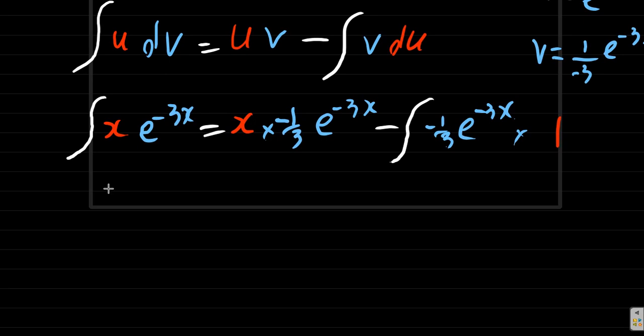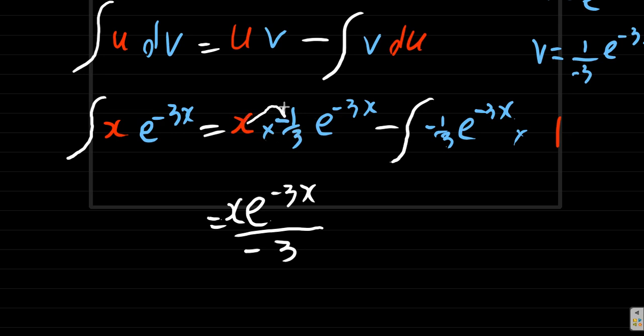So here, this is equal to x e to the negative 3x over 3, and this will be a negative, call it negative 1/3 here. You have x times negative 1 times e to the negative 3x.